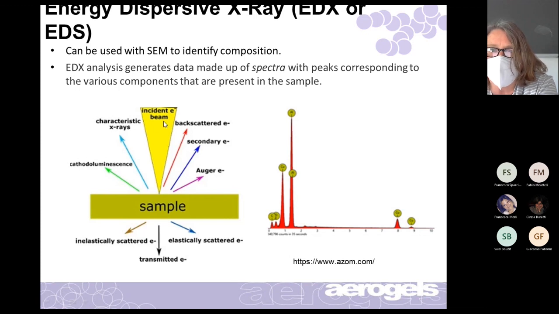There's a lot of information that comes from that. One is called the backscatter electrons. And you also get X-rays coming back off of that. And so you can use an X-ray detector to capture that information.